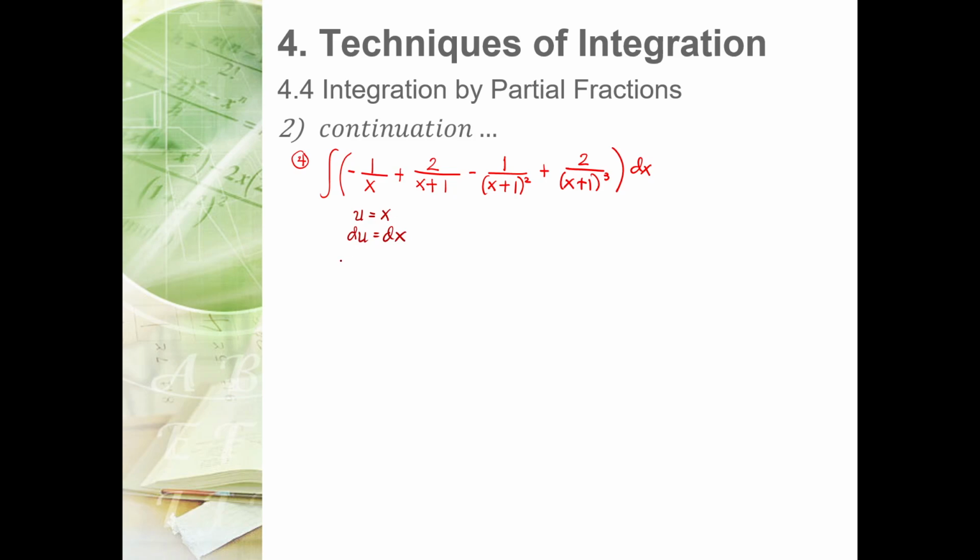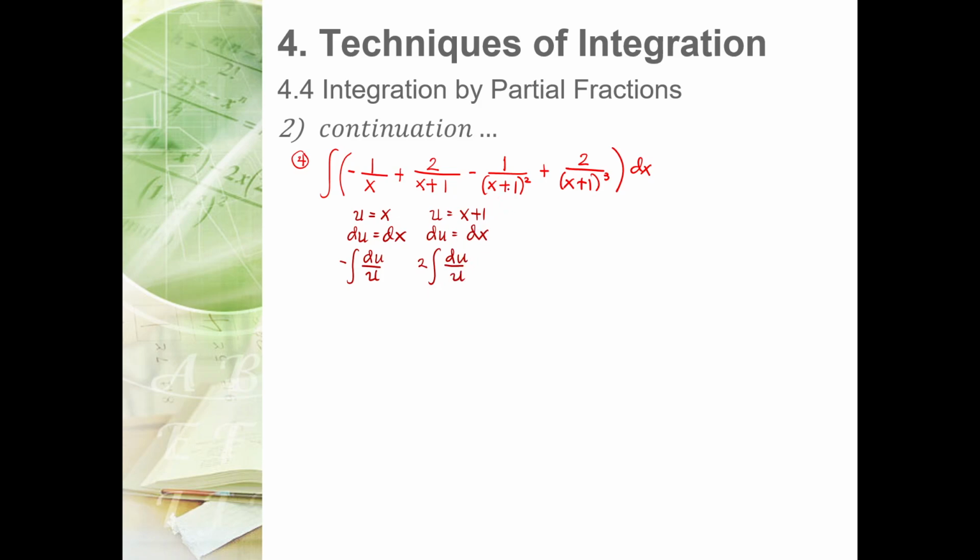So this term here becomes negative integral of du all over u. For the second term, you're going to have u equal to x plus 1. Then du is still dx. So that's 2 integral of du all over u.